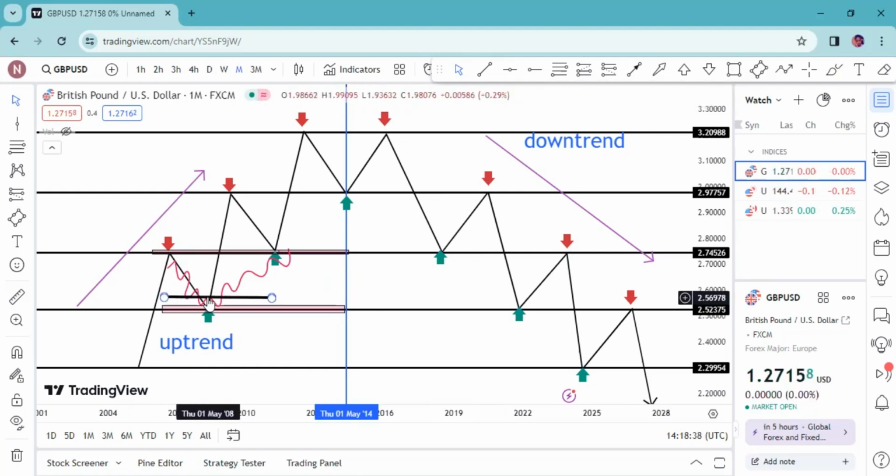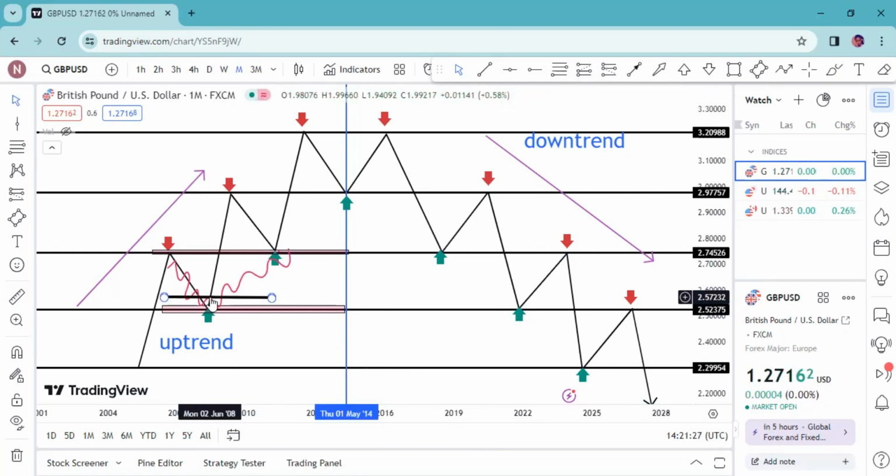The last lower high on my downtrend, that's where I will put my straight line.